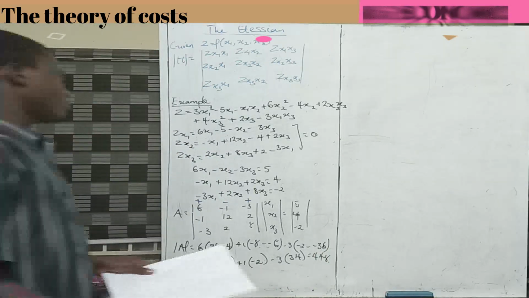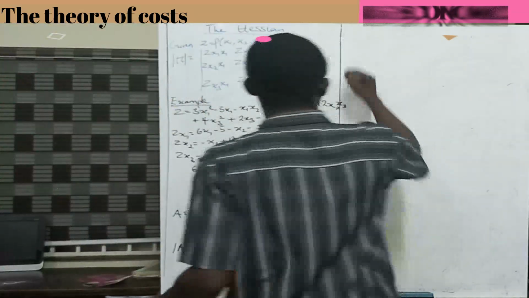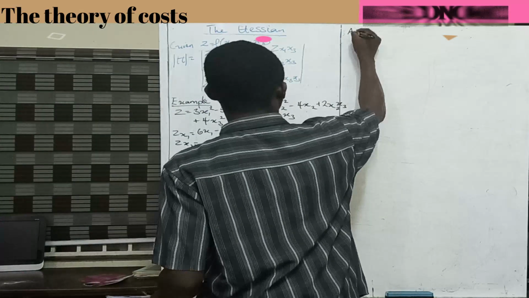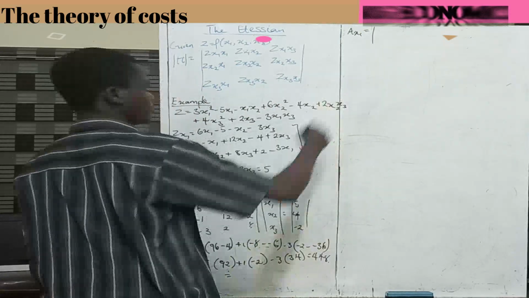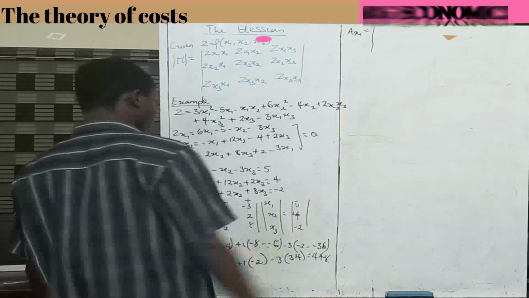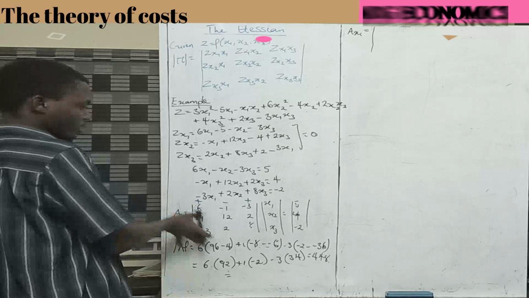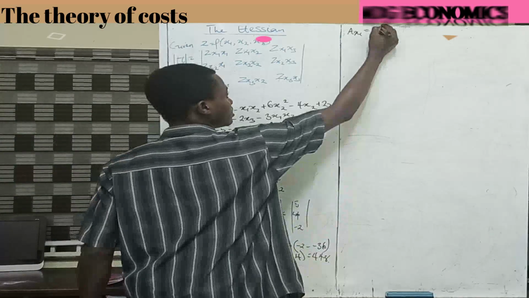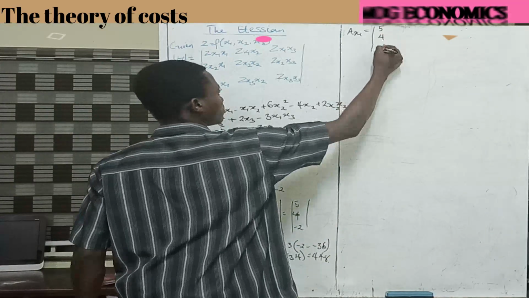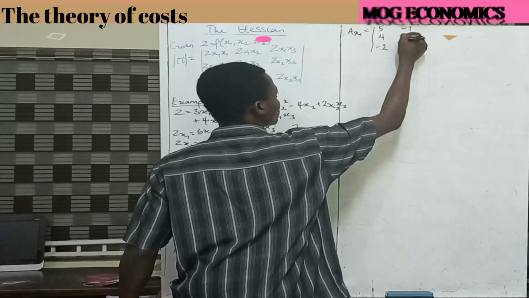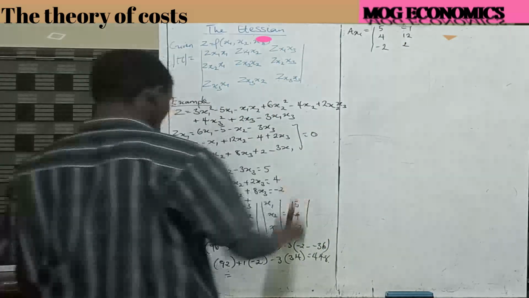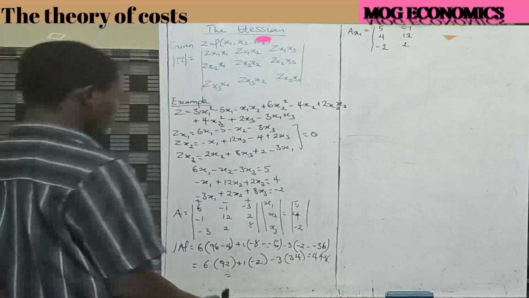All right, same thing for x1: replace the first column by what is here, 5, 4, minus 2, with minus 1, 12, 2 and minus 3, 2, 8.